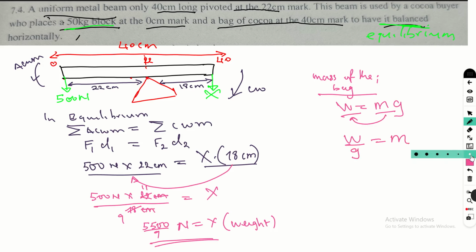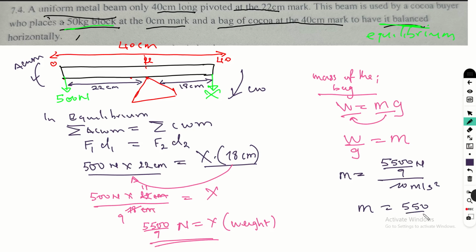So your mass will be equal to weight, which is 5,500 over 9 newtons, divided by 10 meters per second squared. So your mass here will give you 550 over 9 kilogram. So that will be the mass of the bag if the system is in equilibrium.